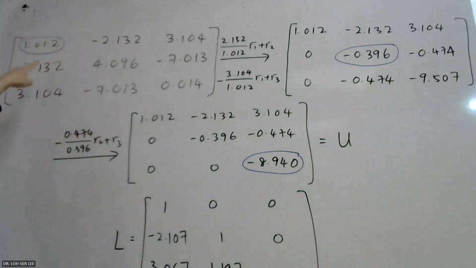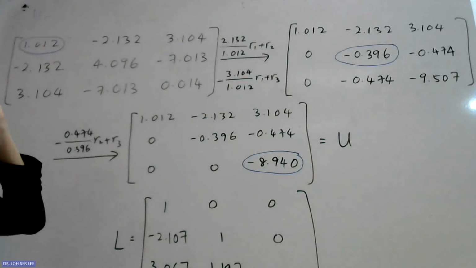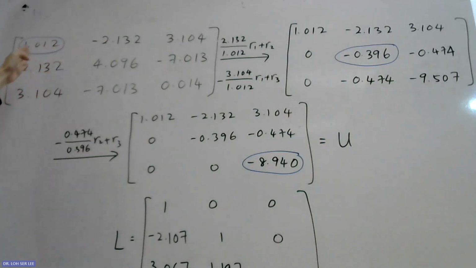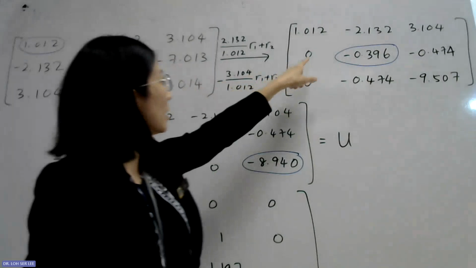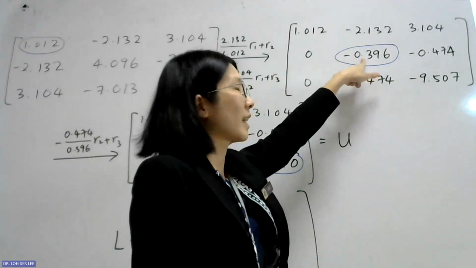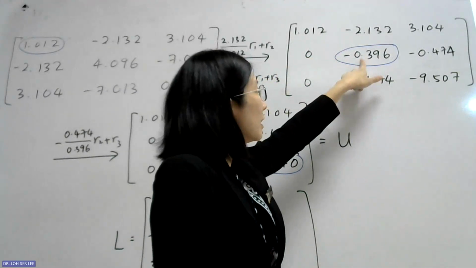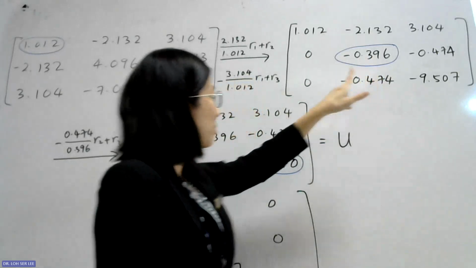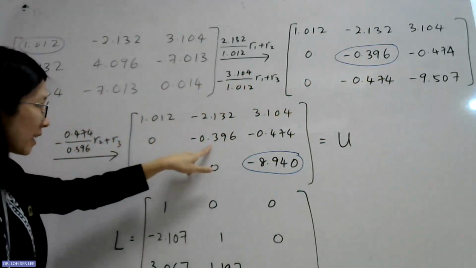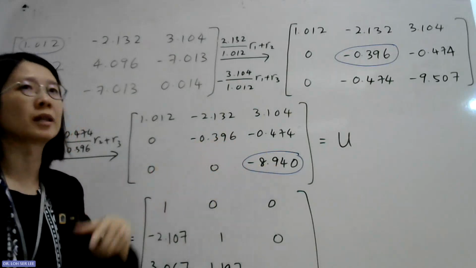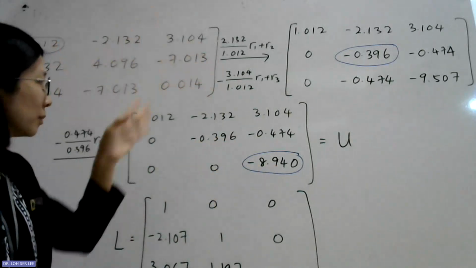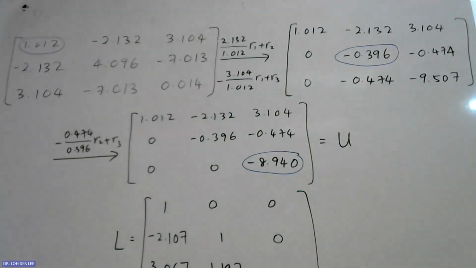First pivot, the one underneath should be the one that you have not yet run the row operation. Okay, so this is your first column for L. After that, you have to take from another matrix where you have done row reduce these two into 0. Okay, then only you take this as the second pivot. Then make sure underneath is 0. That means you have to look at this one. After you settle the second one, then only you look for the third one, so that you know which column to take to form your L.